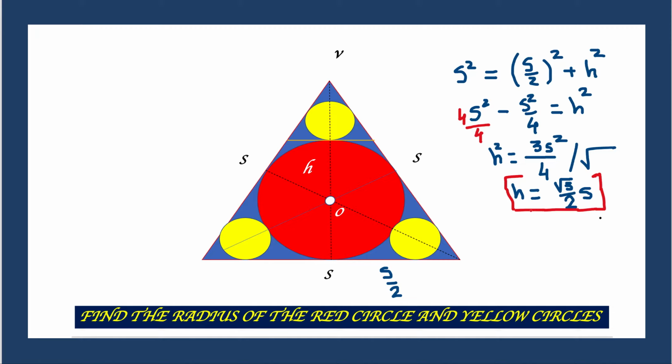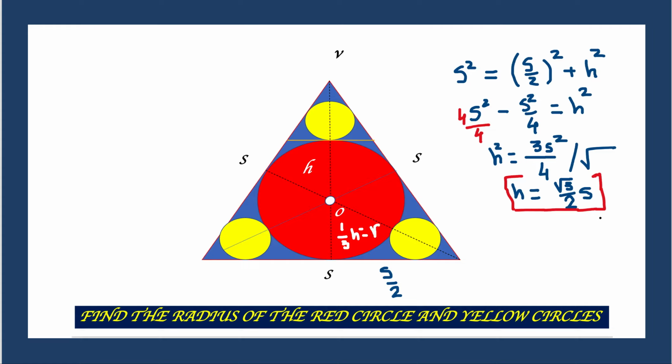And now what I am looking to find, according to the centroid c, is that the distance from the base to here is 1 over 3 of the whole distance h. And so the radius for the red circle we can find, because from this position to this position is 1 over 3 h. So 1 over 3 h is equal to the radius.